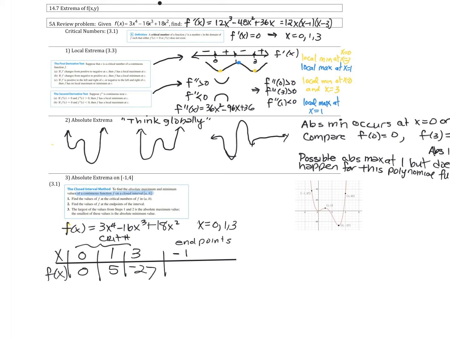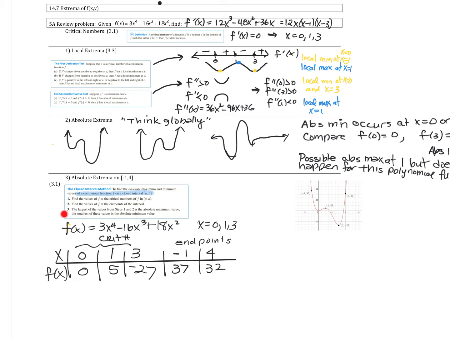So I'd have to put in -1 and 4. These critical numbers are all in that interval. We put -1 into our function, and we put 4 into our function. For -1, we'll get 37, and f of 4 would be 32.